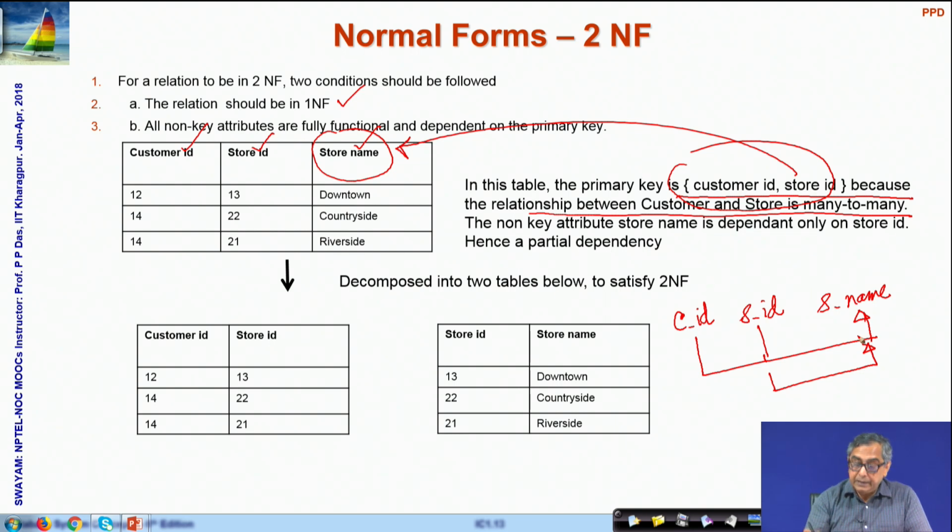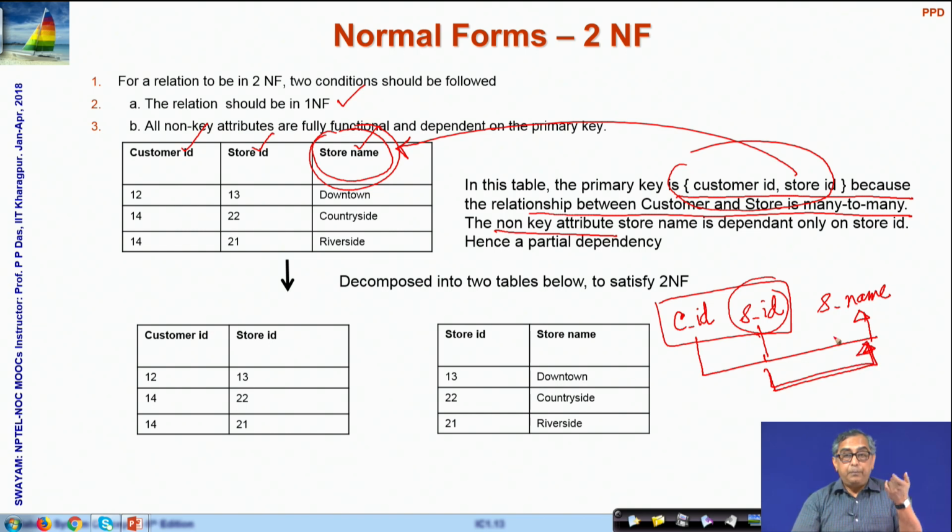So, you can see that this store name attribute, which is a non-key attribute because it is not forming a key, is dependent only on a part of the key. Only a part of the key can decide the store name.